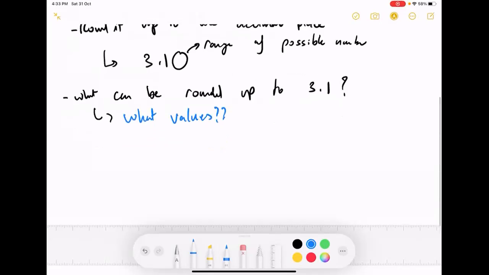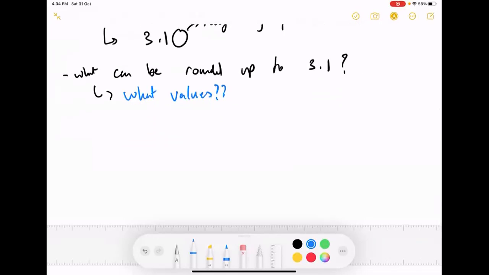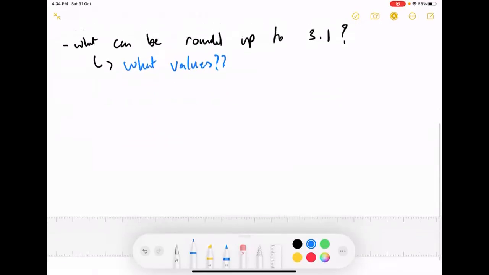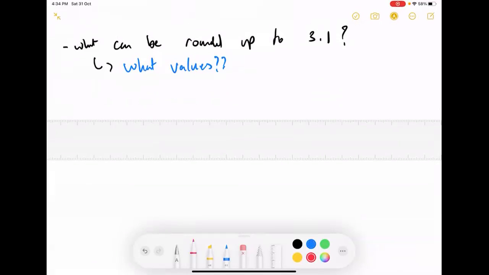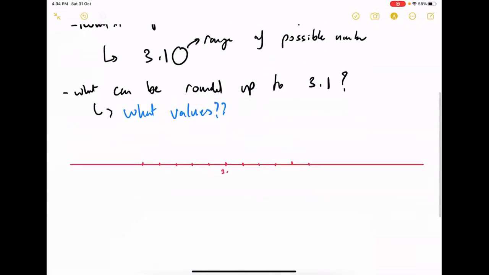Okay, a lot of answers. So let's draw it on a number line. 3.10.